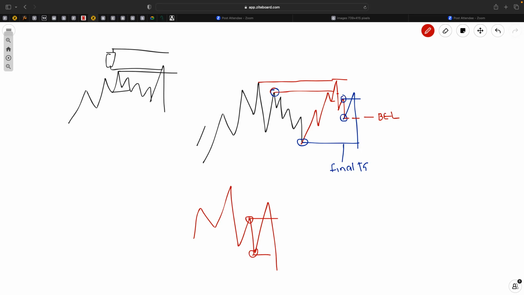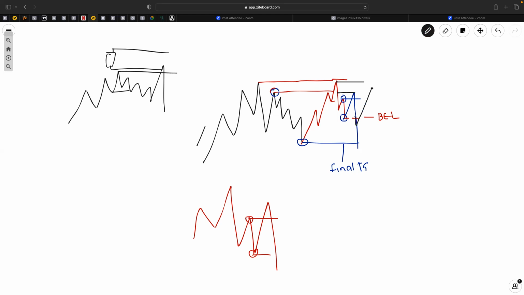If you get it based on this lower time frame confirmation right here, once your market breaks this low, you are already risk-free on your position. But you know that this is your final target, because anything that makes the market do this again, then what are you doing?